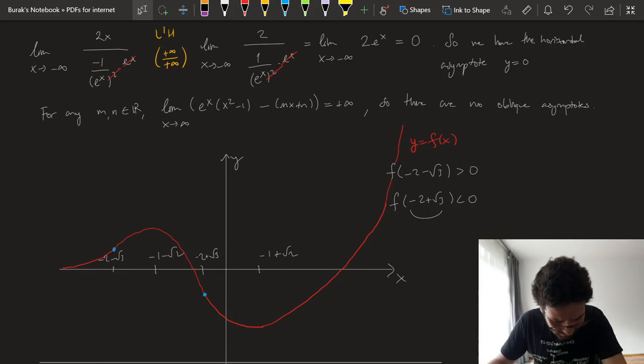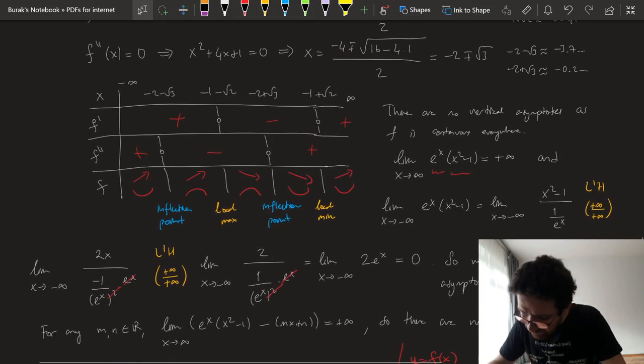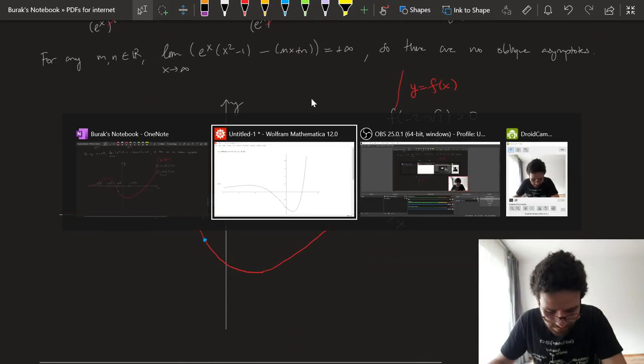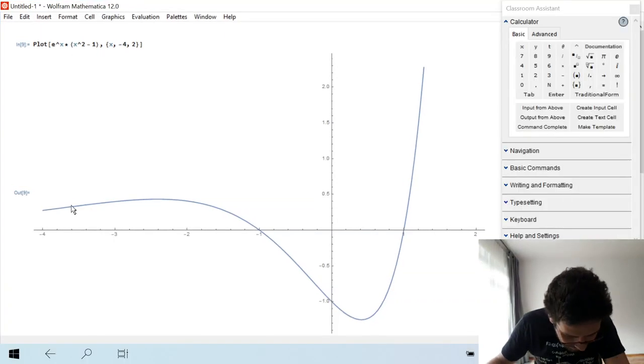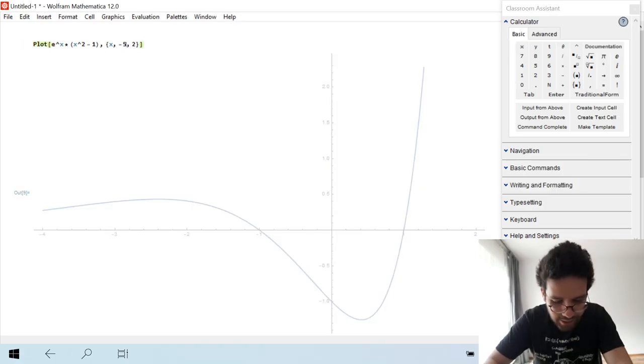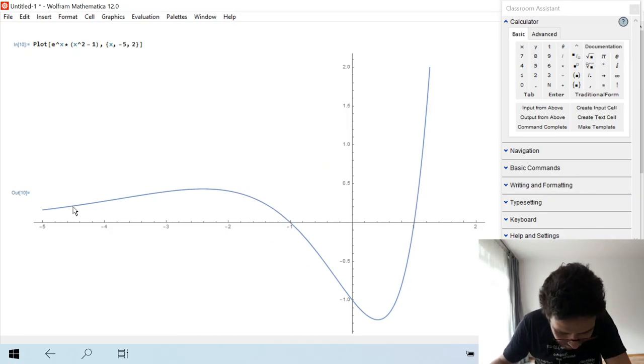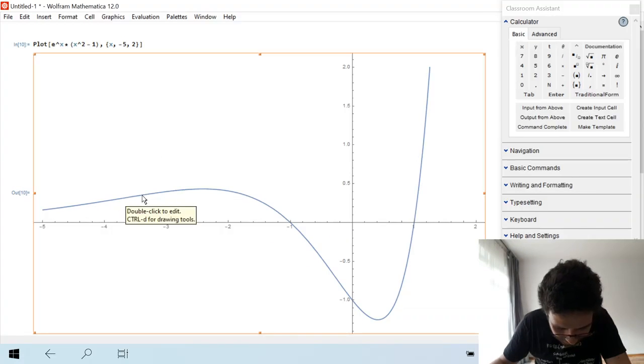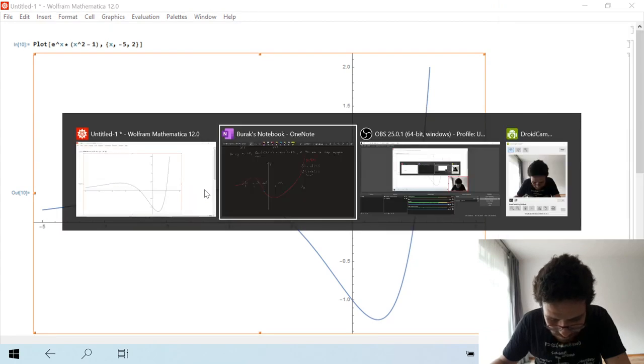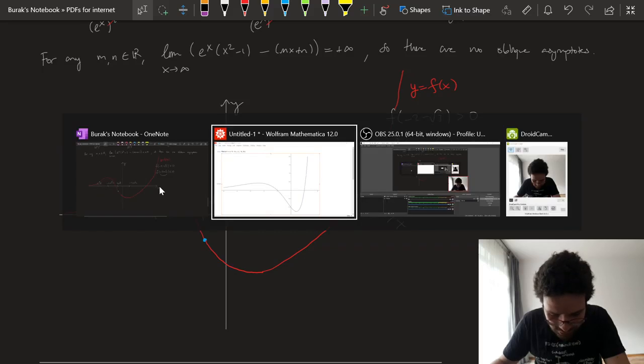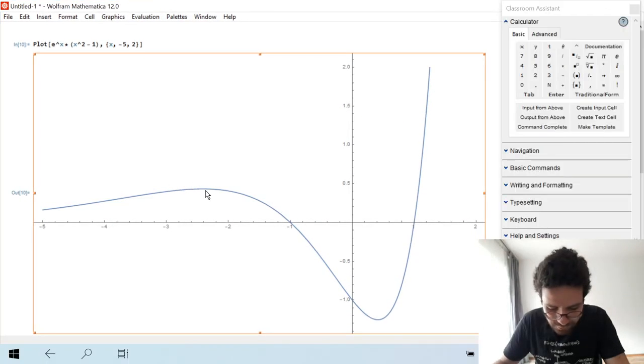Now, what's the value of this? This is something like minus 3.7 blah blah. As you can see, somewhere over here, I have an inflection point. On this left part, it's concave up. Somewhere over here, it changes its concavity. It becomes concave down. And at this point, which is -1 minus √2, it's like minus 2 point something.